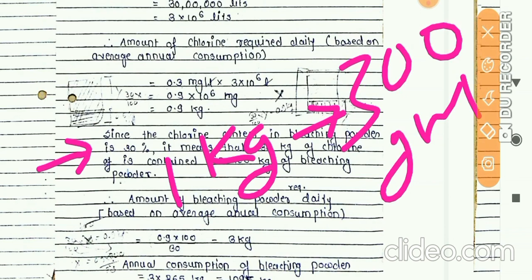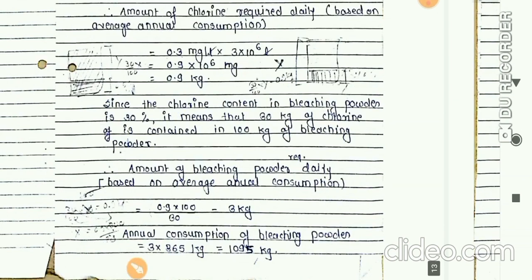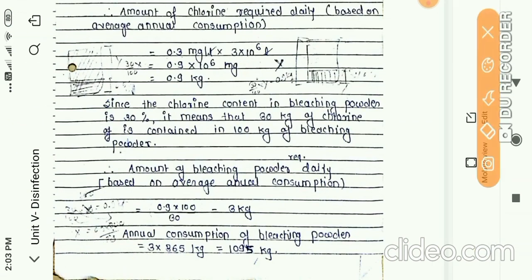So we require 0.9 kg, means we require 900 grams of chlorine. 1 kg gives 300 grams, we require 900, so we require 3 kg of that bleaching powder. So the calculation shows that we require 3 kg of bleaching powder. That 3 kg of bleaching powder will give 0.9 kg of chlorine.